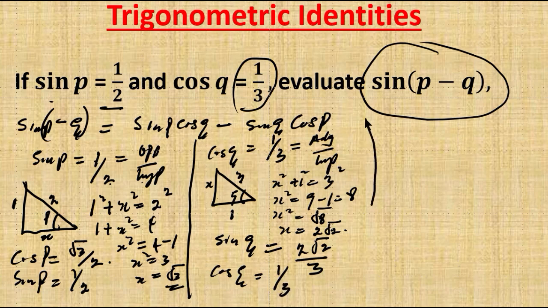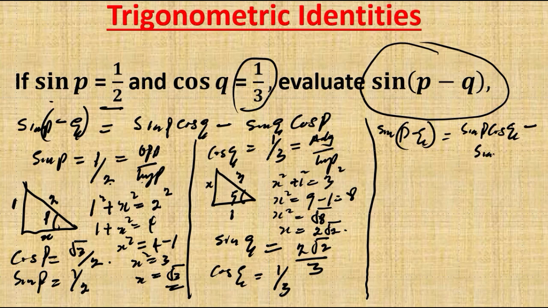So, now I can deduce what my sine p minus q should be. My sine p minus q, we've been given that this is the same thing as sine p cos q minus sine q cos p. So that this will be the same thing as sine p, which is half. I'll pick half times cos q.